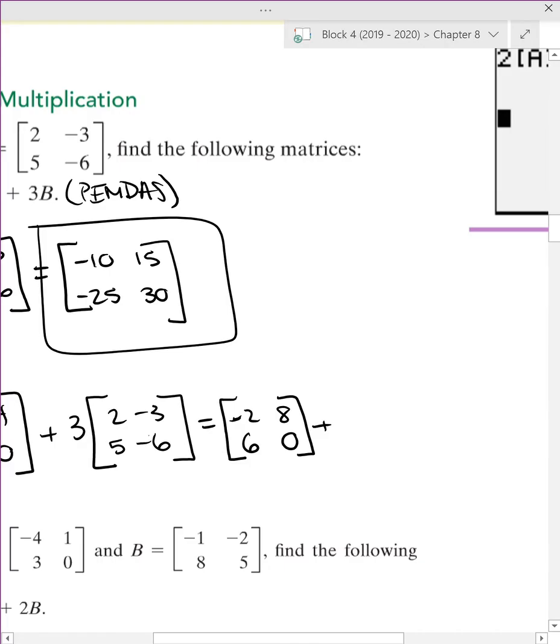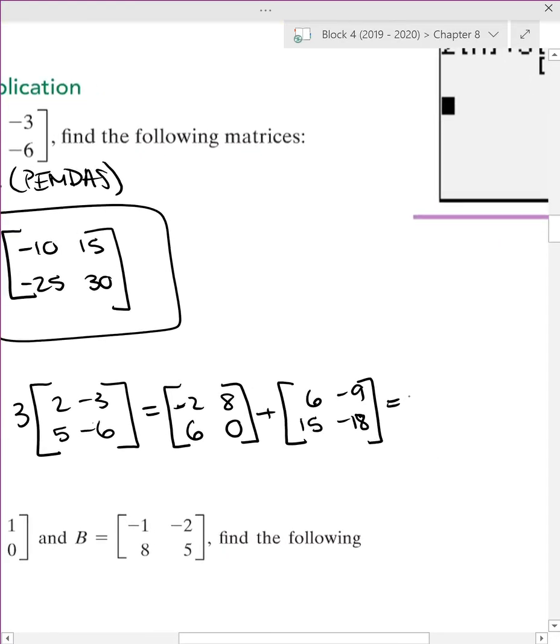And then I multiply the 3 in, and I'm going to get 6, negative 9, 15, negative 18. And now I will add. So I get 4, negative 1, 21, and negative 18.